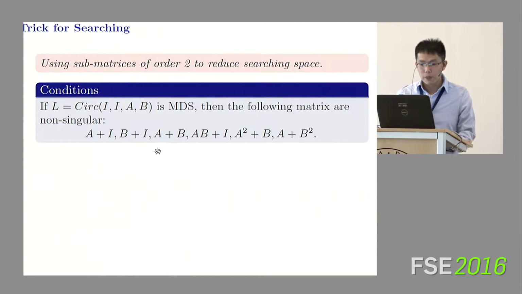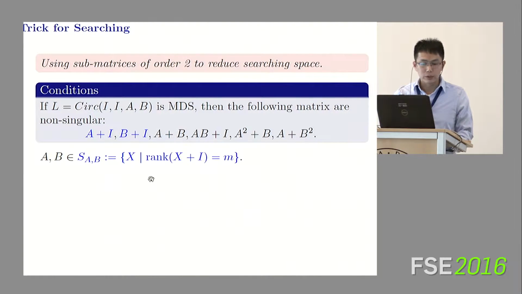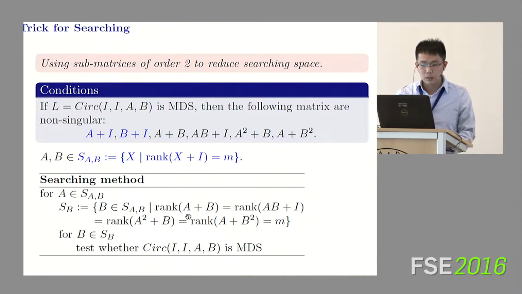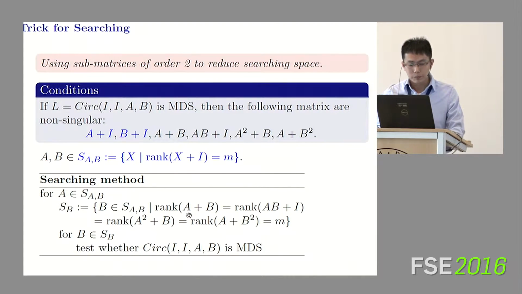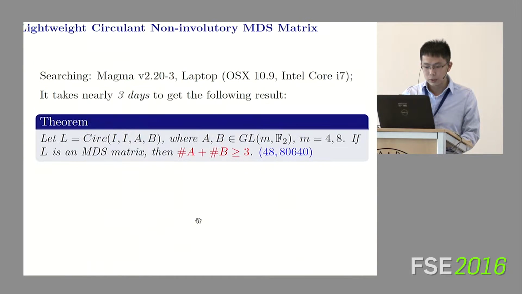That is, if L is MDS, then the following matrices should be non-singular, and both A and B satisfy that the sum with the identity matrix should be non-singular. This can reduce the search space of A and B greatly. And for each candidate of A, the search space of B can be further reduced by using the other relations.